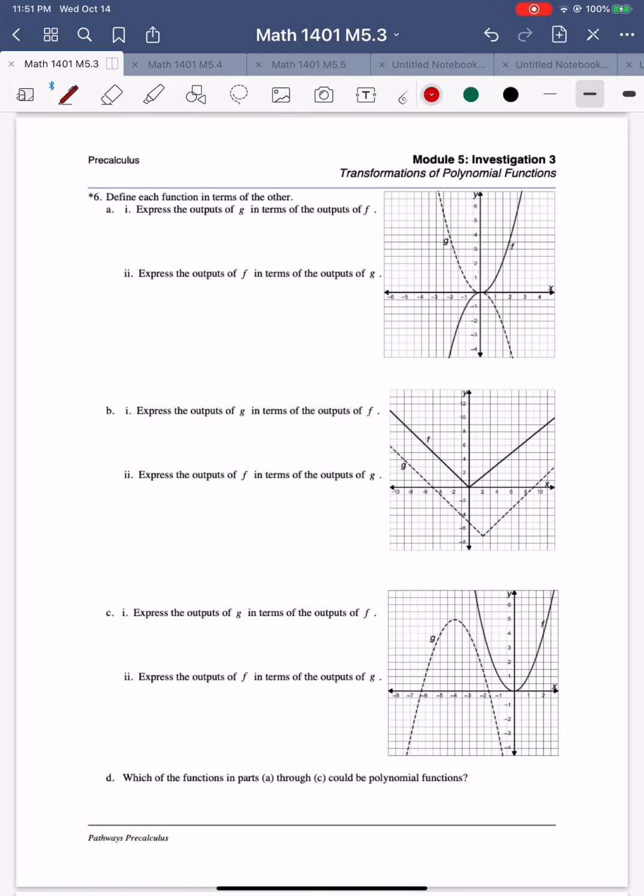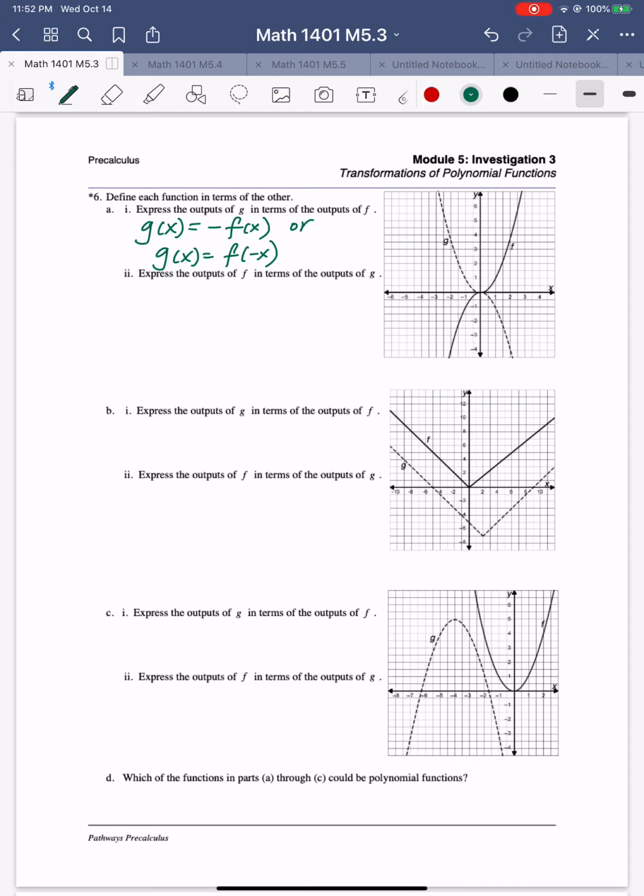So the g function is negative f of x. But you can also think of it as this being a reflection of this, which is actually a horizontal reflection. So you can also say g of x is f of negative x.